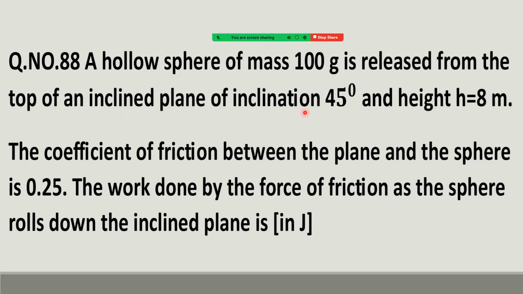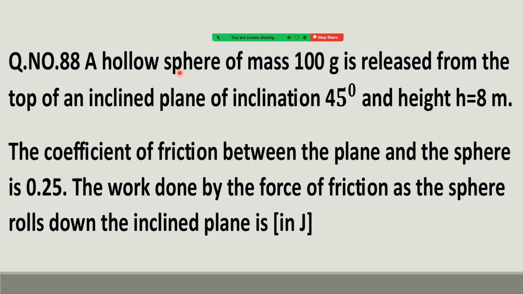Hollow sphere, inclination 45. So first we are focusing on the minimum coefficient of friction required. That is beta upon 1 plus beta tan theta. Tan 45 is 1. Beta upon 1 plus beta. Hollow sphere, 2 by 3 upon 1 plus 2 by 3.